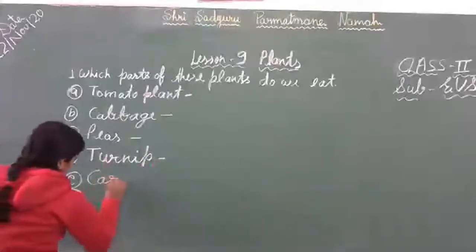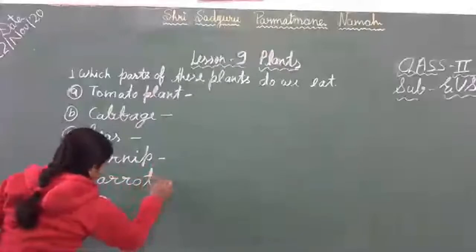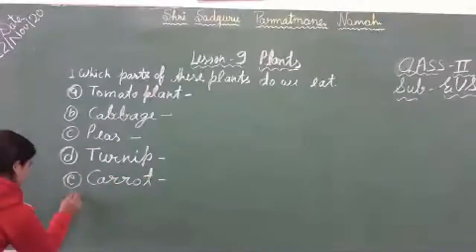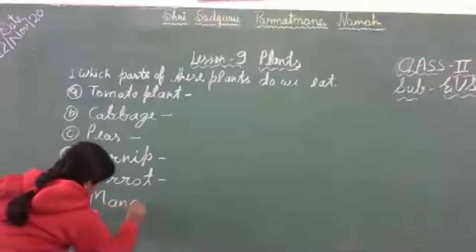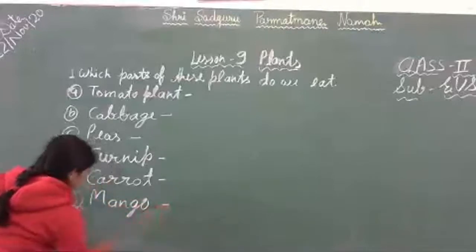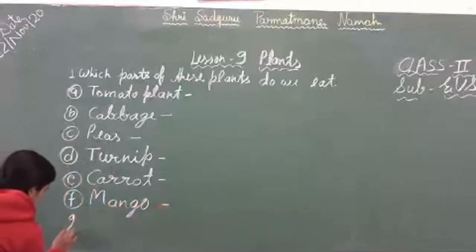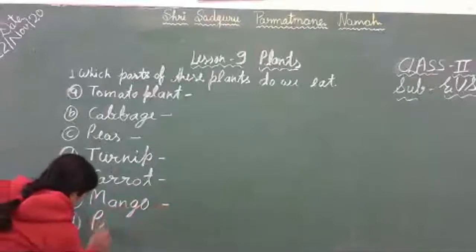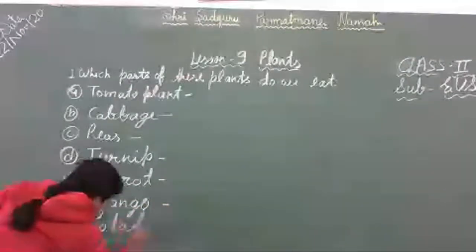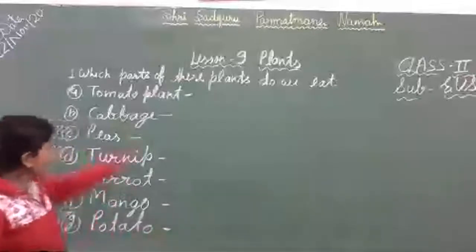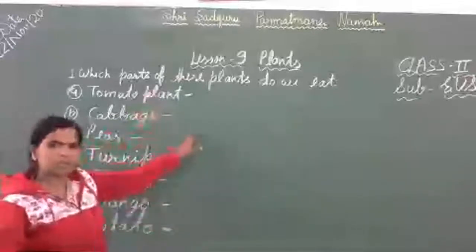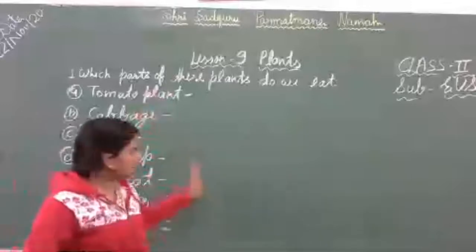E, carrot. F, mango. G, potato. Children, you write here the name of parts.